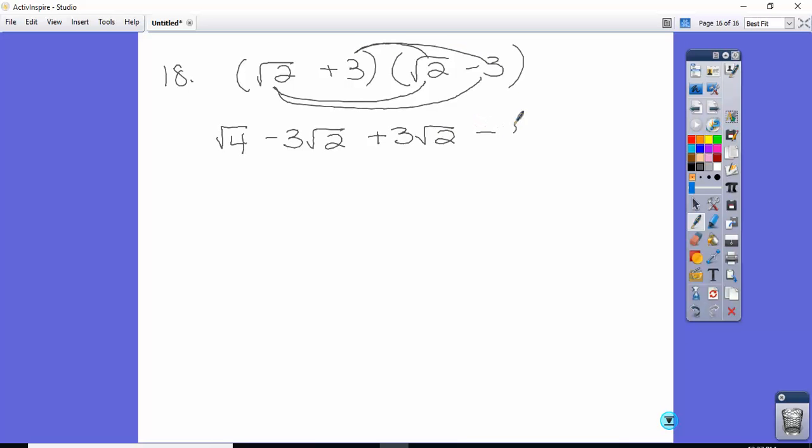And 3 times negative 3 is negative 9. Now we start simplifying. What is the square root of 4? Negative 3 radical 2 and positive 3 radical 2. So I have 2 minus 9, which gives me negative 7.